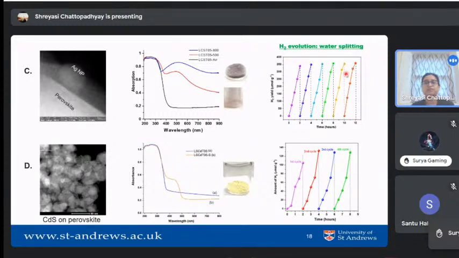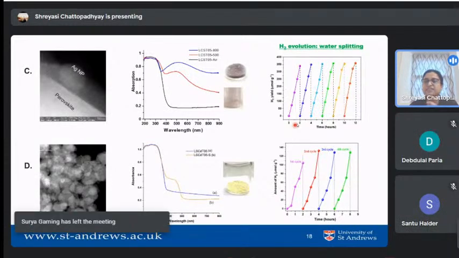We also wanted to see if we could use them for a kind of cycling application. So we used the setup I have shown before. We irradiated for 2 hours and collected hydrogen, and then we stopped the light and evacuated the whole chamber to remove all the gas, and then again we started the reaction for 2 hours.